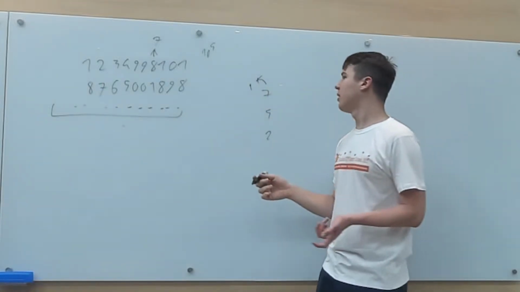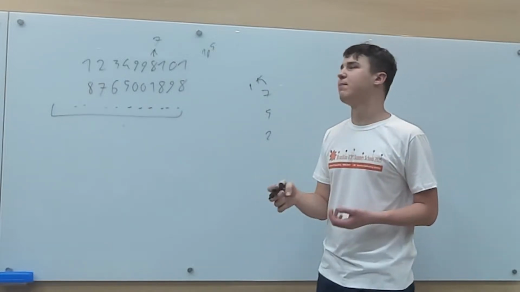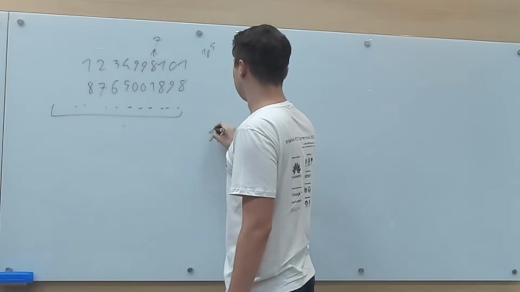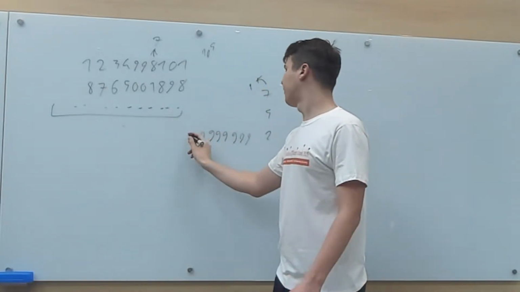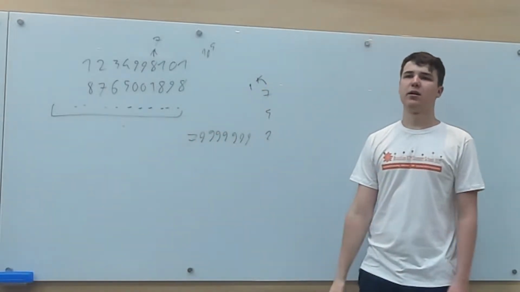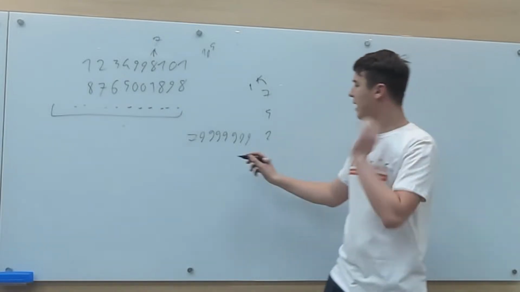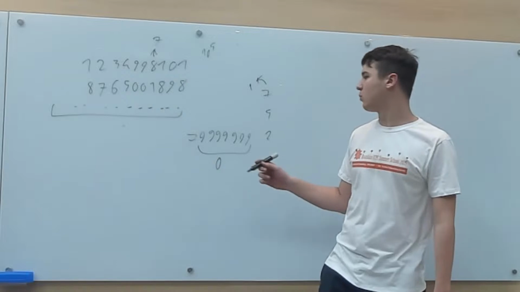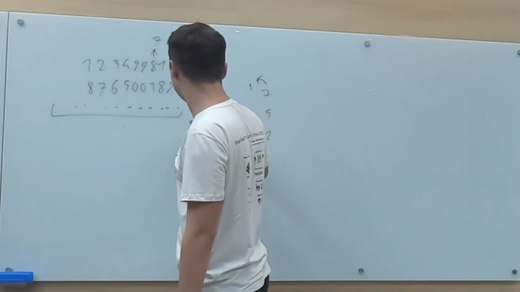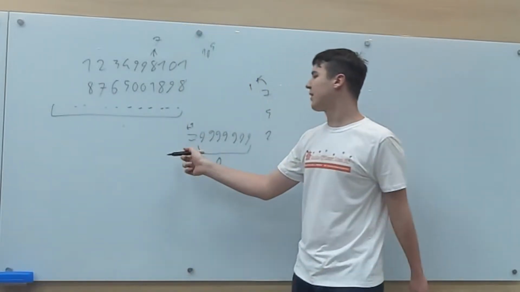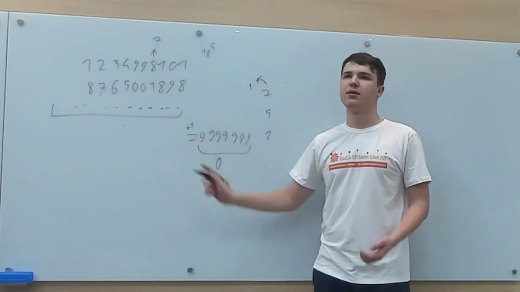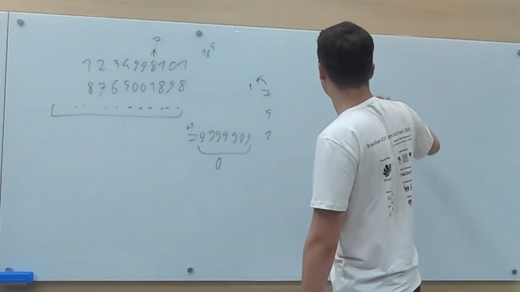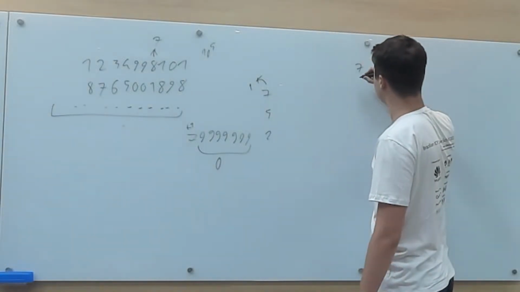The tricky case is when we have many 9s, and here we have the first non-9. What happens now? Those 9s get transformed into 0, and here we have +1, and this +1 never overflows because here is a non-9, right? And the other way around is when we subtract.